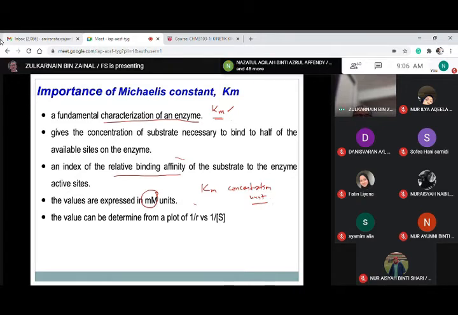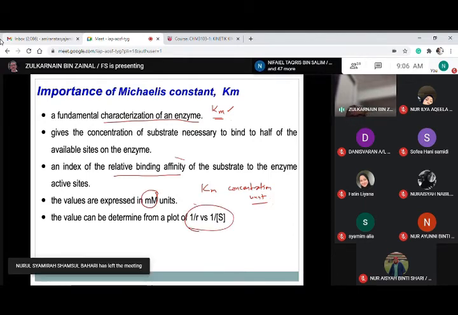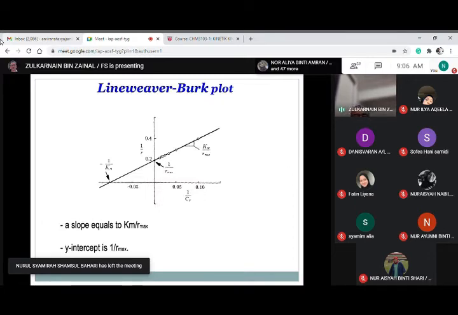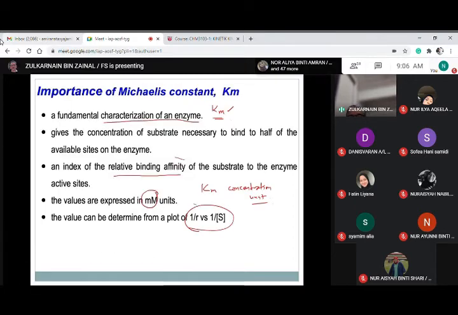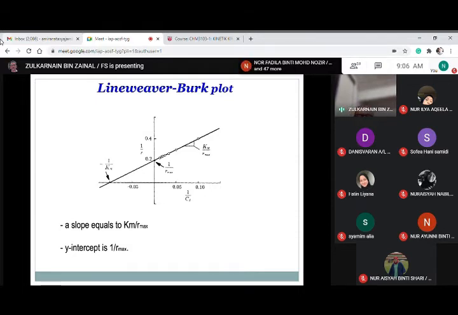And the value can be determined from the plot that you're going to see later, right? This is a plot of 1 over R versus 1 over S. In this one it is written as CS, where CS is actually the concentration of the substrate, right?